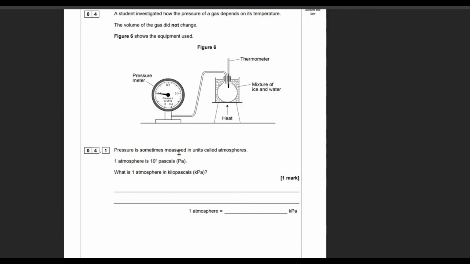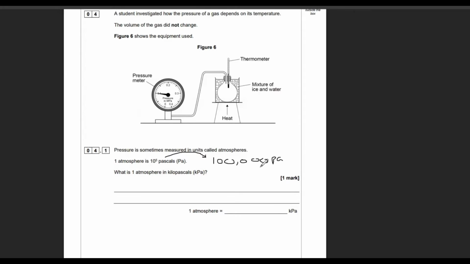Okay, pressure is sometimes measured in units called atmospheres. 1 atmosphere is 10 to the 5 pascals. What is 1 atmosphere in kilopascals? So 10 to the 5 is 100,000 pascals.